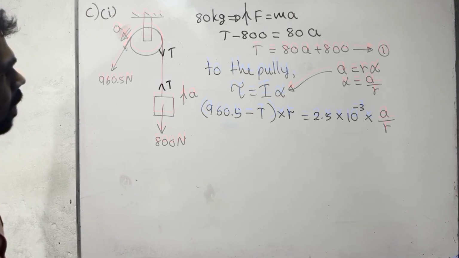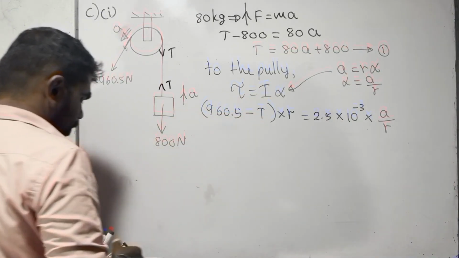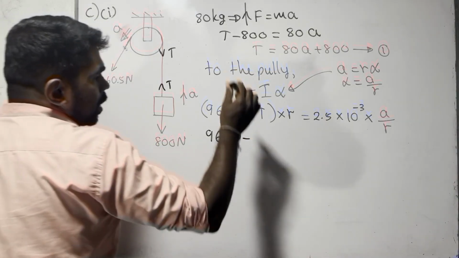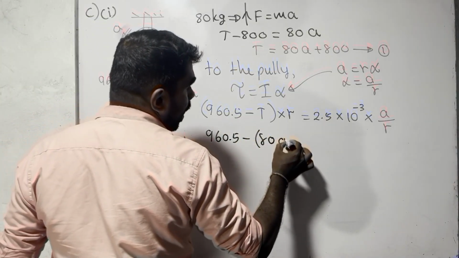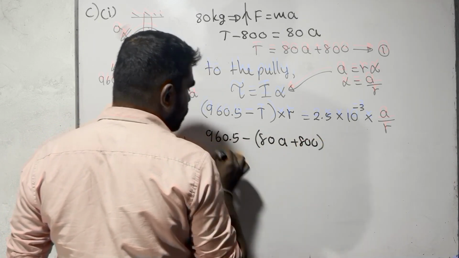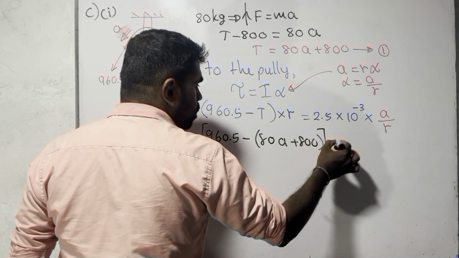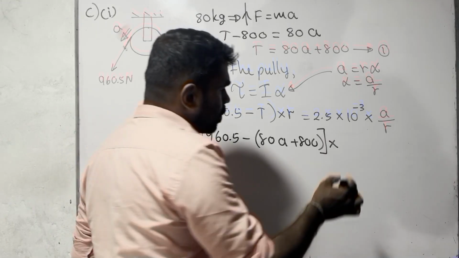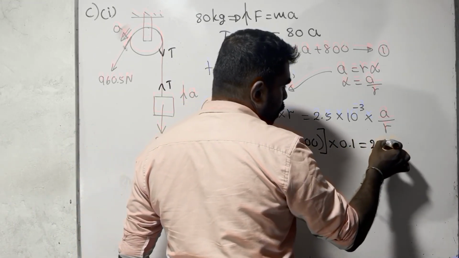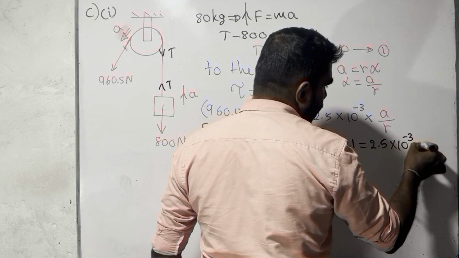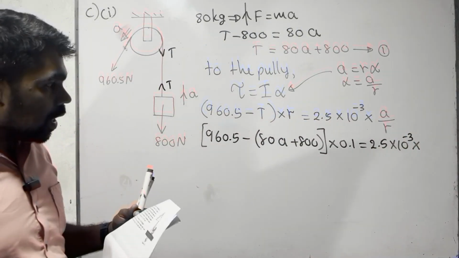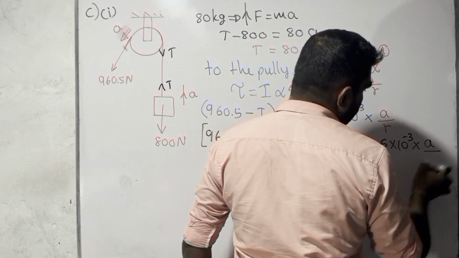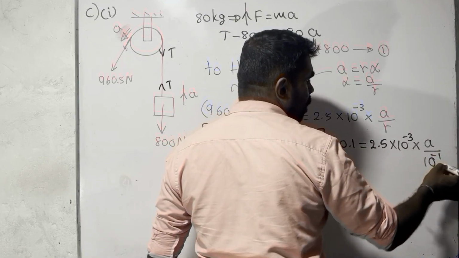Now we can substitute the T value using the first equation. 960.5 minus T, where T is 80A plus 800, into the radius of the pulley 0.1, equals 2.5 into 10 to the power minus 3 into A, again divided by radius 0.1. I will write it as 10 to the power minus 1.